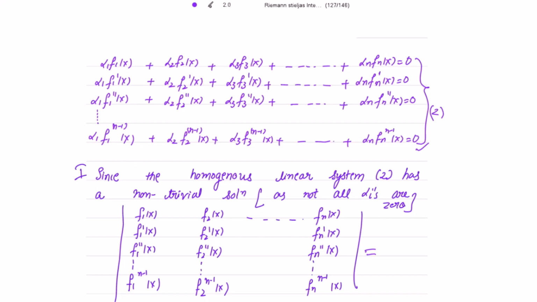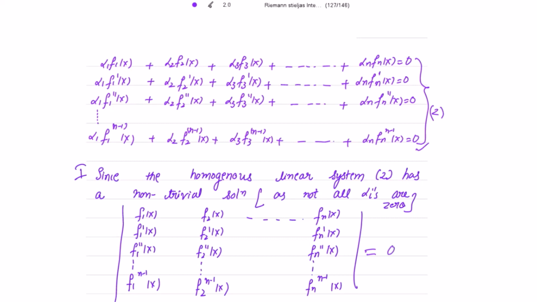Likewise, for the whole system (2) of homogeneous equations, I have taken the coefficients of the scalars and written it down as the determinant of the coefficient matrix. Now, because the system has a non-trivial solution, the determinant comes out to be 0.